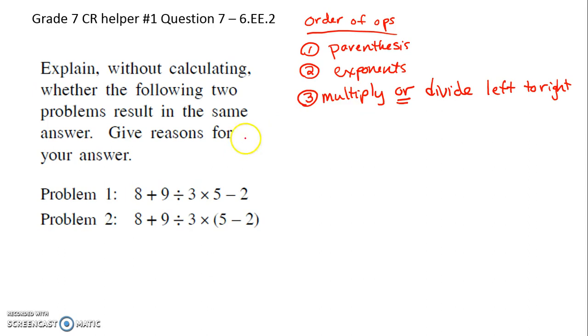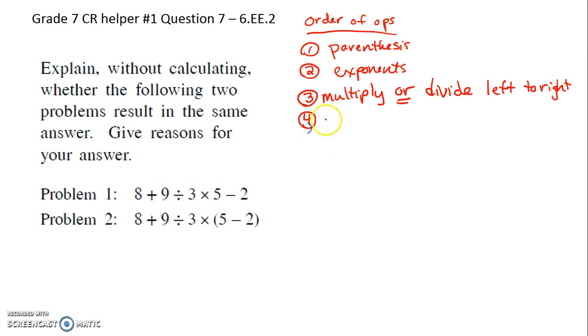You multiply or divide moving left to right. So in this problem, see how you hit the division before the multiplication? You have to divide 9 by 3 here before you ever multiply by 5. You multiply and divide left to right. If you hit division first, you do division first, and then the multiplication.